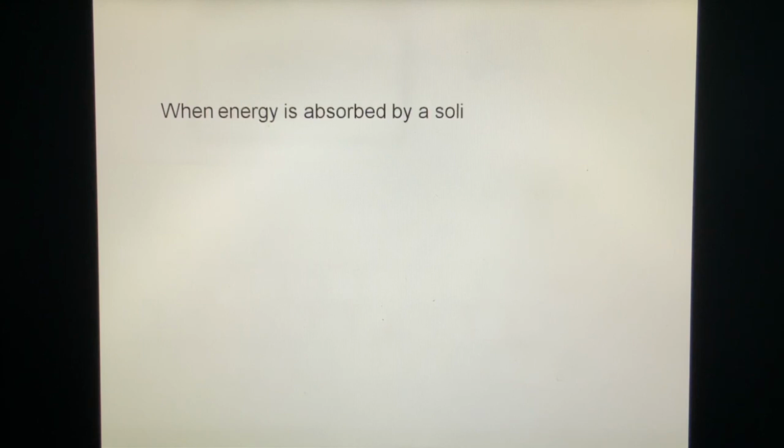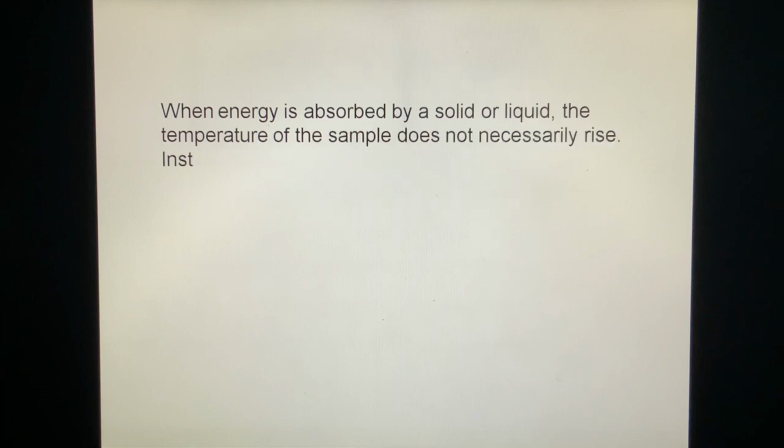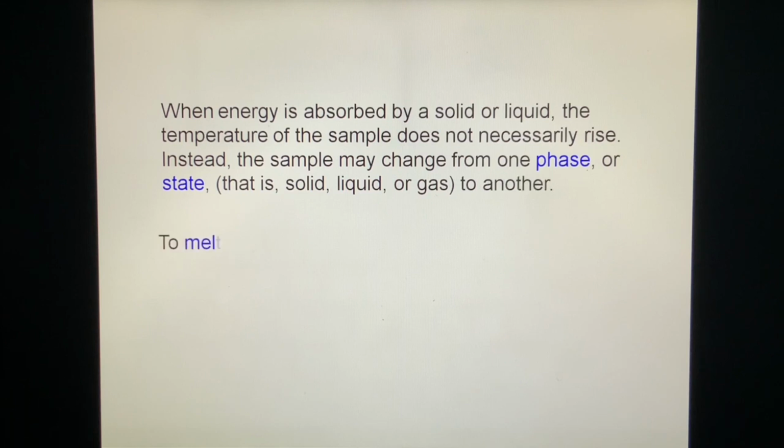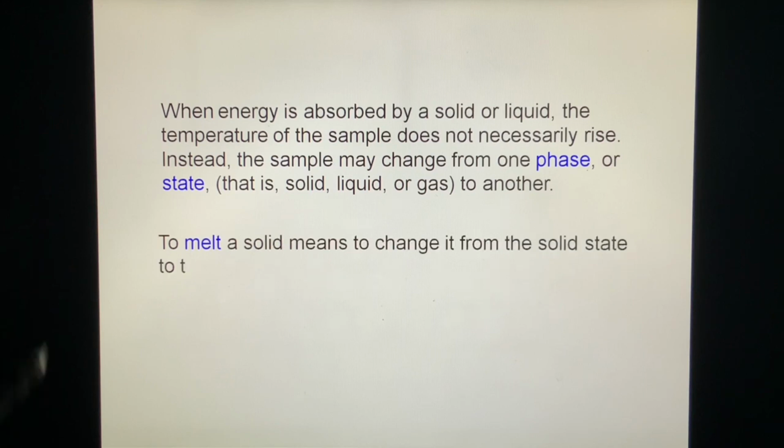When energy is absorbed by a solid or liquid, the temperature of the sample does not necessarily rise. Instead, the sample may change from one phase or state, that is solid, liquid, gas, to another phase or state. To melt a solid means to change it from the solid state to the liquid state.